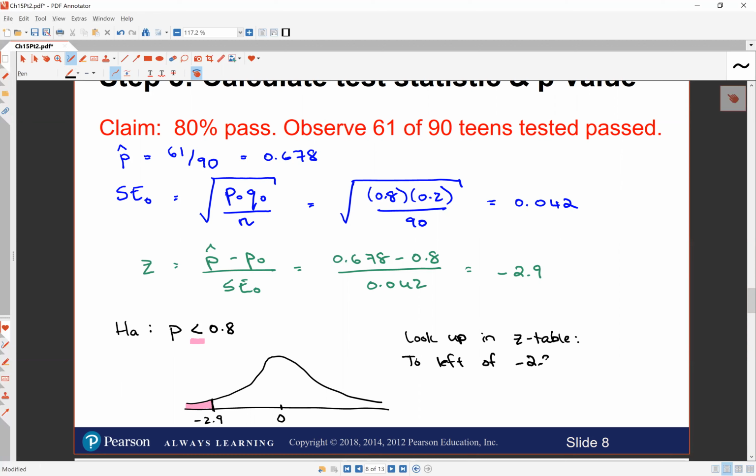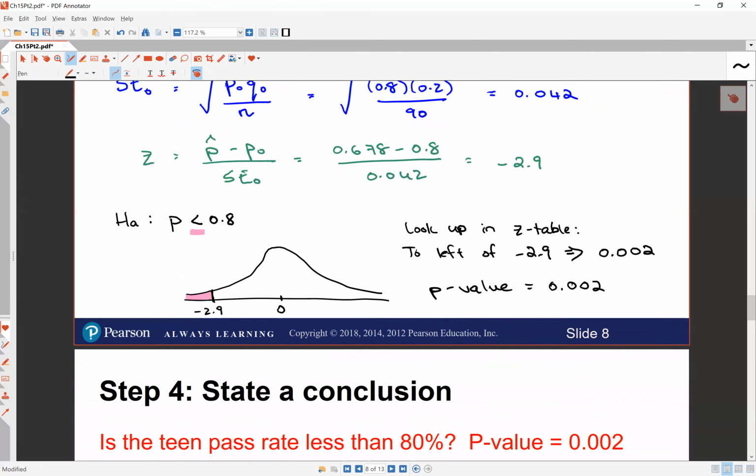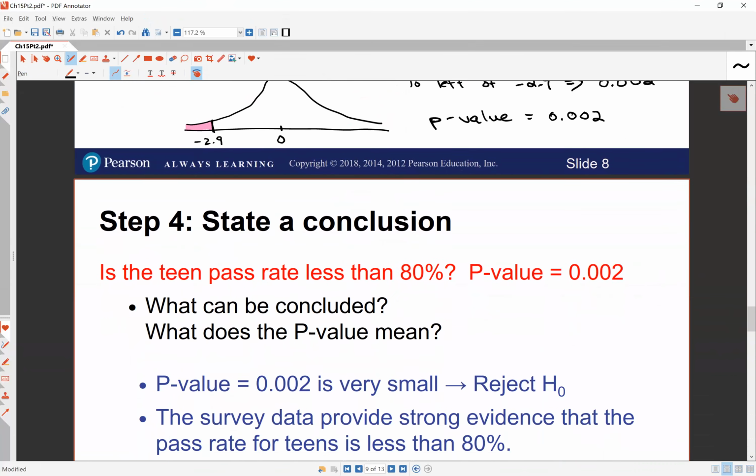And if you look up negative 2.9, the Z table is going to give you 0.002. So that is our p-value in this case. P-value is 0.002. What do we do with that? We have to reach a conclusion.